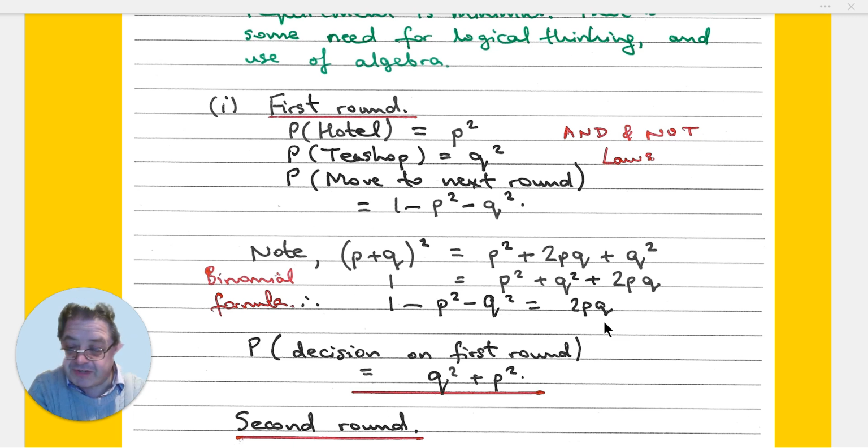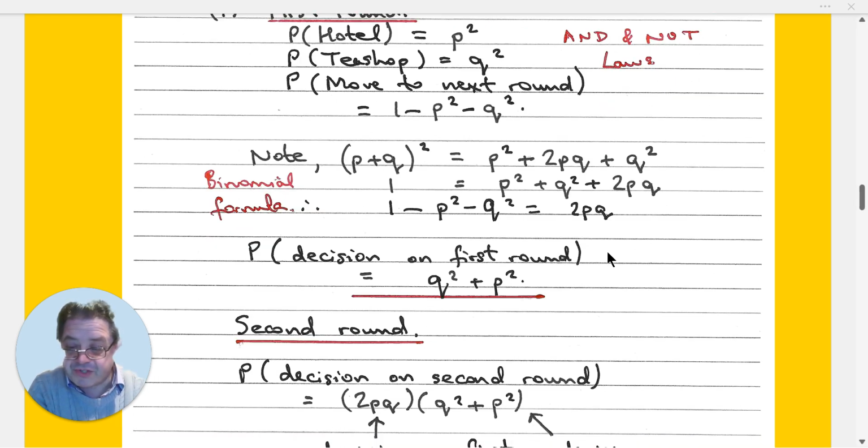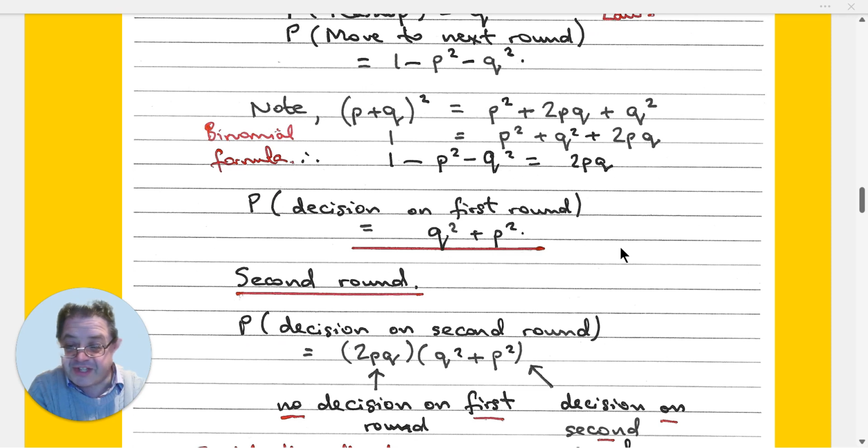So what's the chance of a decision on the second round? Well, on the second round, that implies a decision has not been made on the first round. So we have 2pq, and then it is made on the second round. That's q squared plus p squared.